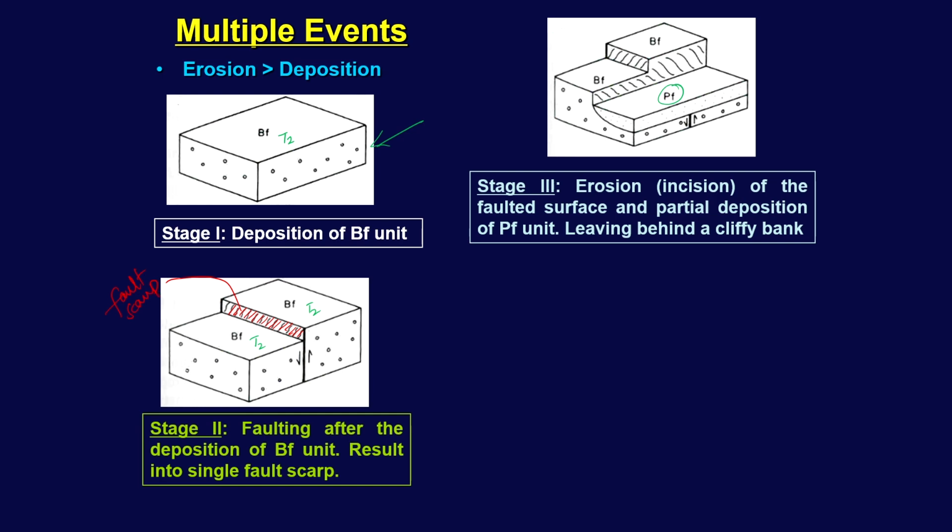Now, after the erosion and the process of deposition, because the erosion is greater than deposition, only this portion has been eroded like this, because it was elevated already. So, this portion was eroded away, hence we see this terrace riser.